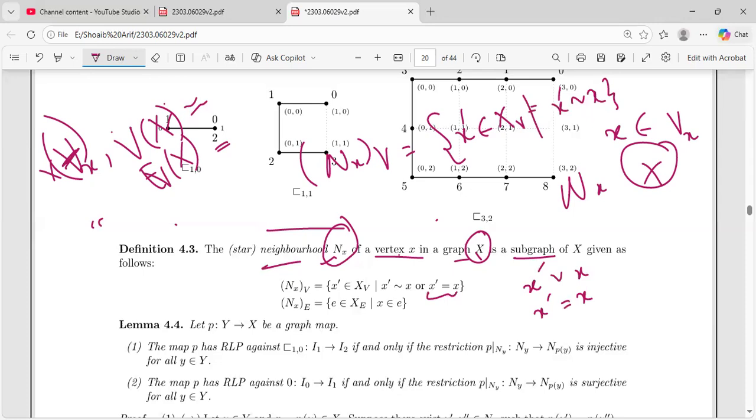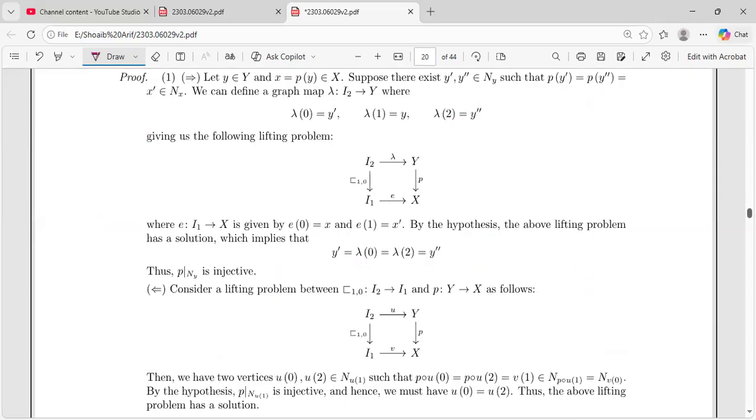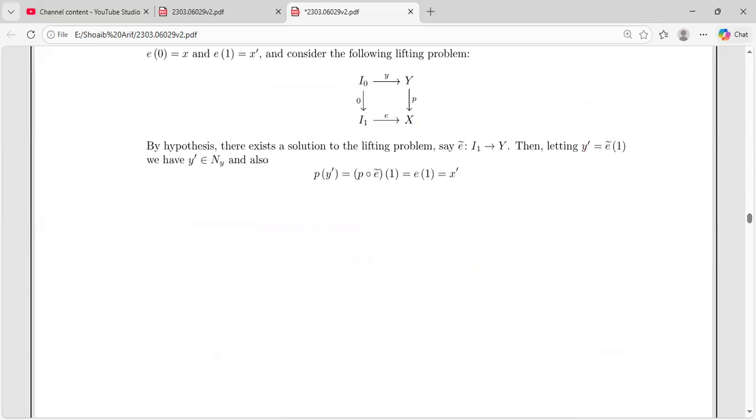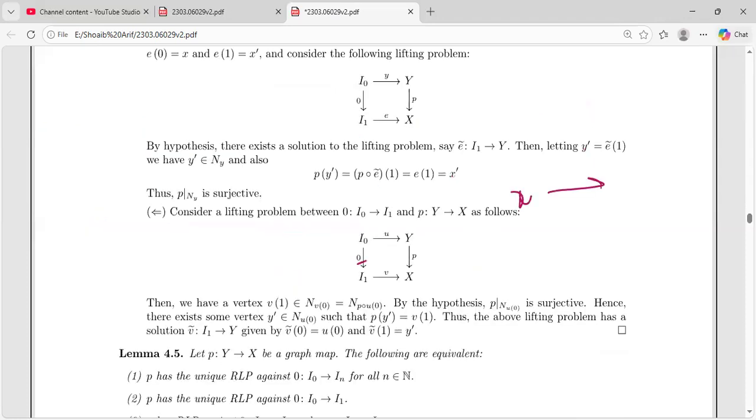And what is the edge set? All the edges belonging to the edge set such that this particular vertex belongs to the edge. Let's say this type of graph: x has an undirected edge with x prime, x1, x2, x3, x4, and so on up to xn.